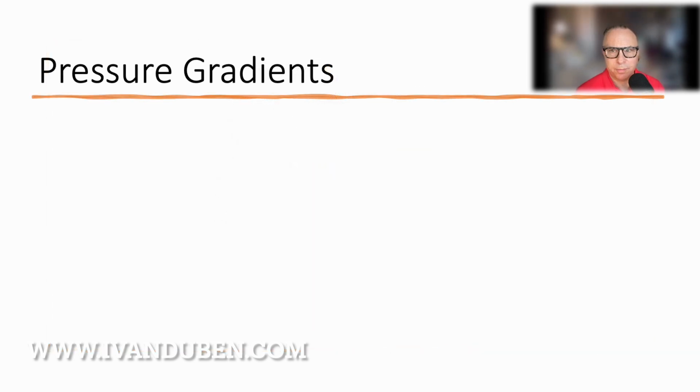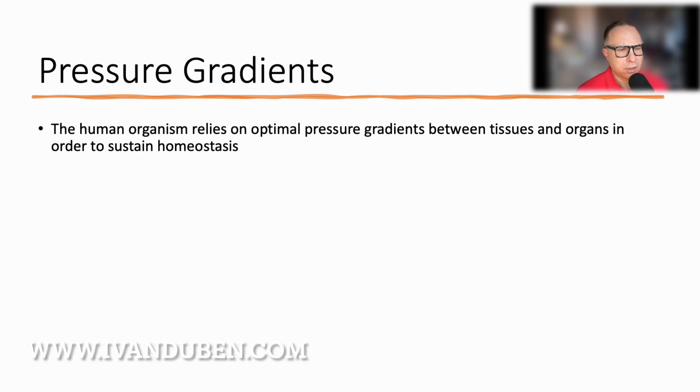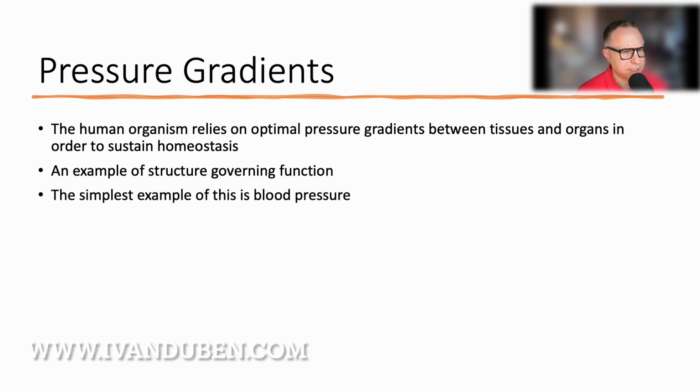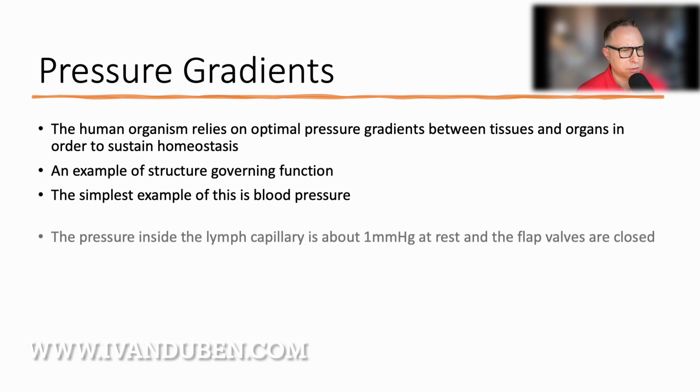The topic of pressure gradients is very important in understanding lymphokinesis in general. The human organism relies on optimal pressure gradients between tissues and organs in order to sustain homeostasis, an example of structure governing function. The simplest example of this is just blood pressure.